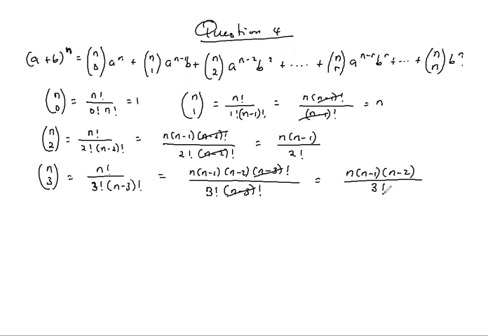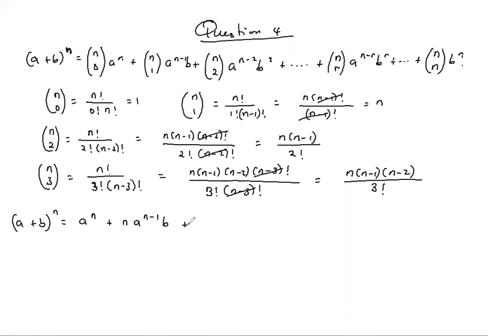This means that we can as well write (a + b)^n as, instead of saying nC0, we just say 1, so let's use a^n. Saying nC1, we just say n and then a^(n-1) b.